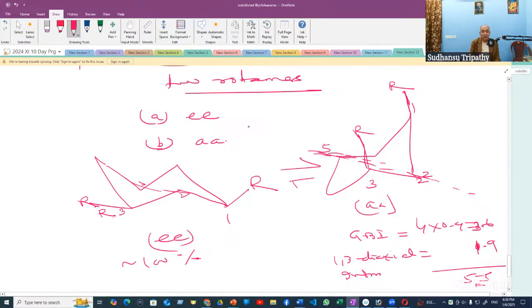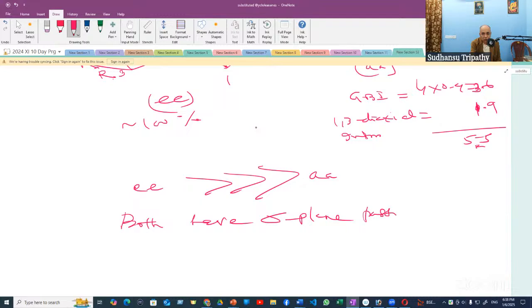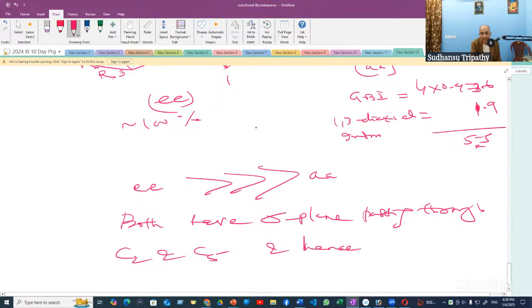Plane passing through carbon number 2 and 5 will prove to be a plane of symmetry for EE as well as AA isomer. Both have sigma plane, that is plane of symmetry, passing through C2 and C5, and hence meso forms.